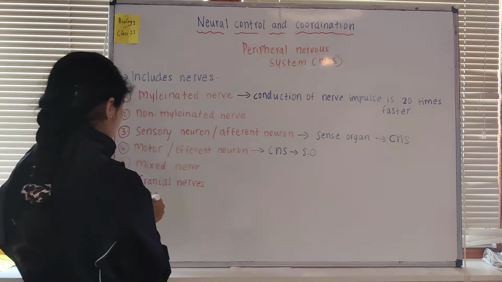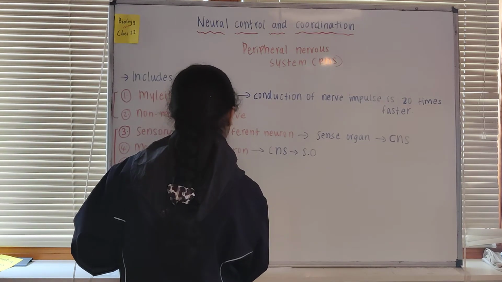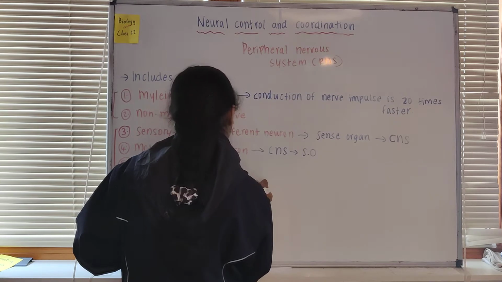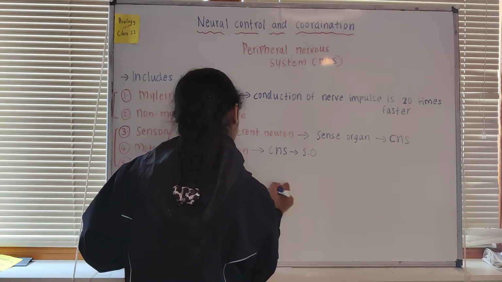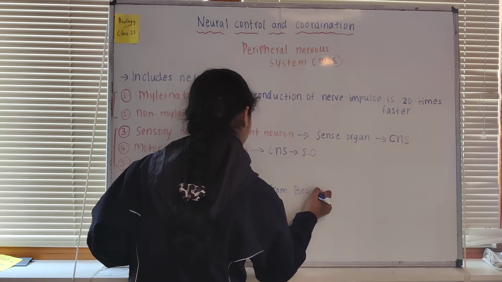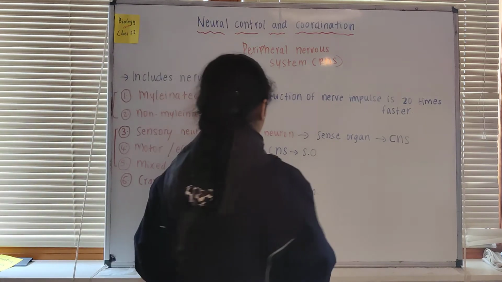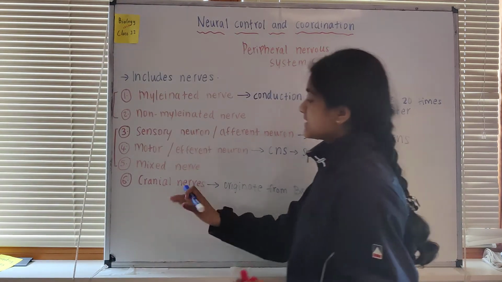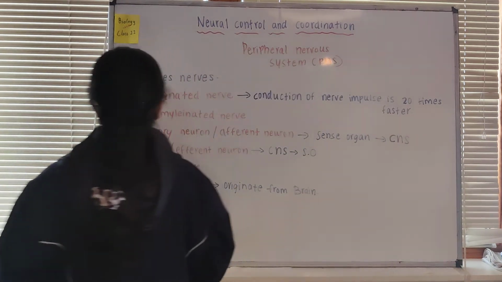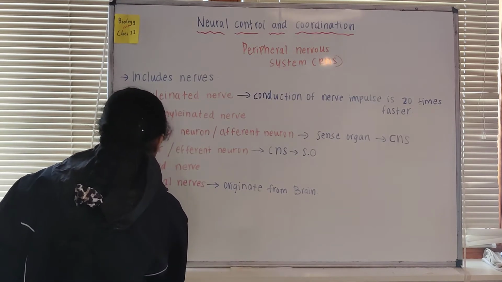Cranial nerves are the nerves that originate from, or come out of, the brain. So the nerves which originate from the brain are known as the cranial nerves. The next is called spinal nerves.